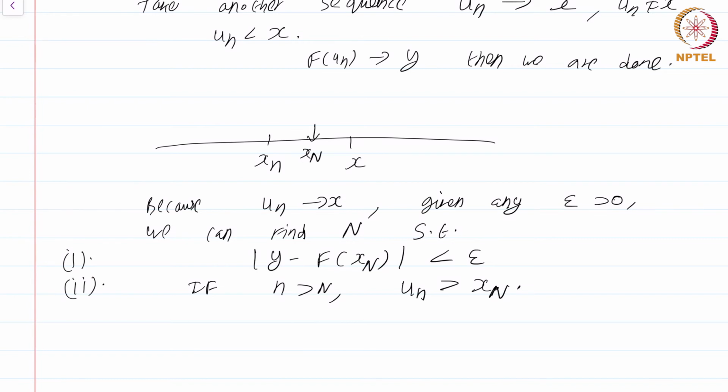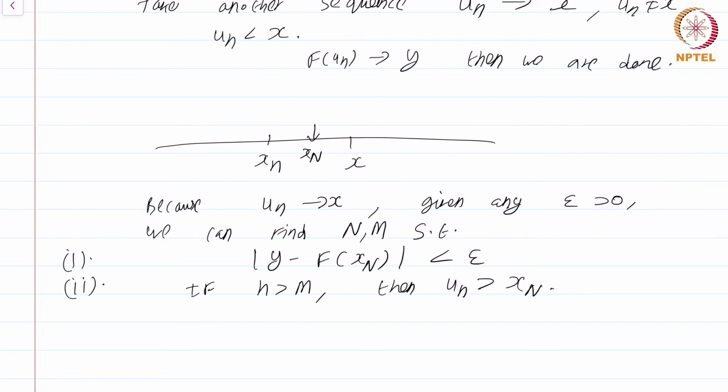What I'm claiming is, I got a little bit too ambitious, so if small n is greater than capital M, then un is greater than x capital M. This is what I want.